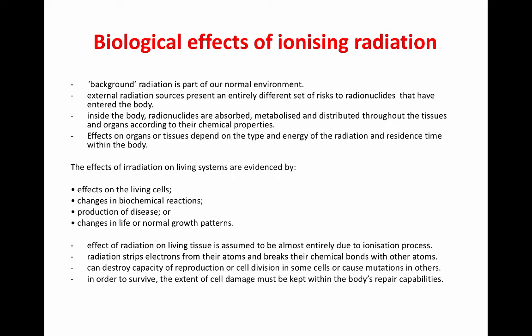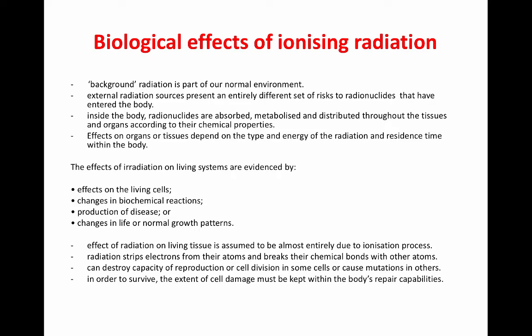Once inside the body, the radionuclides are absorbed, metabolized, and distributed throughout the tissues and organs according to their chemical properties. Their effect on organs or tissues depends on the type and energy of the radiation and residence time within the body. The effects of radiation on living systems are evidenced by the effect on living cells, the changes in the biochemical reactions, the production of disease, or the changes in life or normal growth patterns.